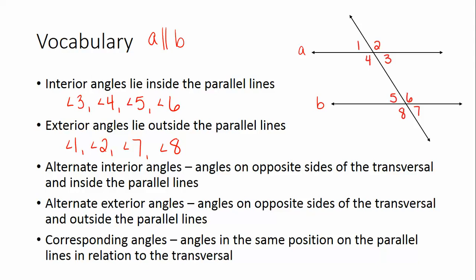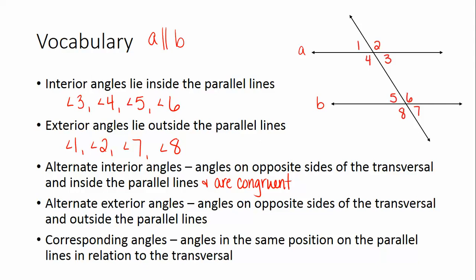Next we have alternate interior angles. Alternate interior angles are angles that are on opposite sides of the transversal, but still inside the parallel lines. Also, we need to note that they are congruent. So again, alternate, think of like opposites, and interior means we're still inside.